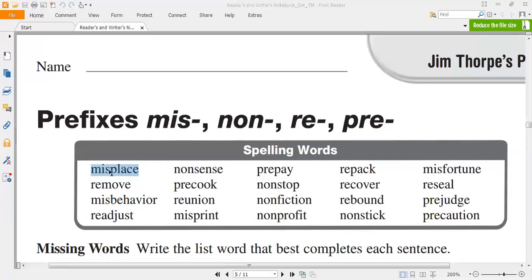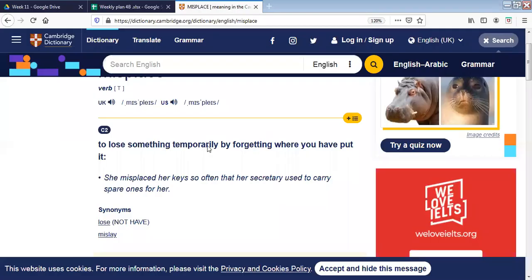Before we start with the first one, I told you before, and I recommended so highly this website, the Cambridge Online Dictionary. It is so important and useful, guys.